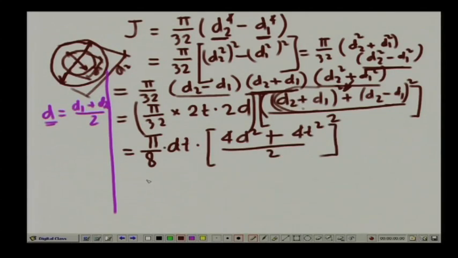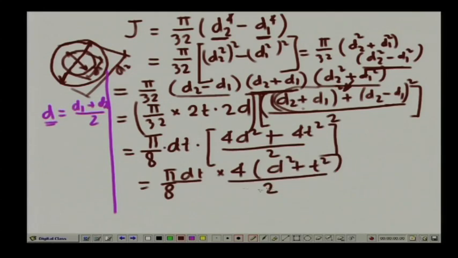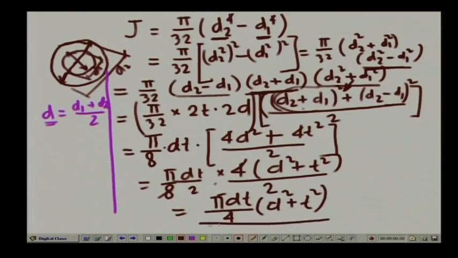So, this comes out as π by 8 times d t multiplied by (4d square plus t square) divided by 2. This gives us a value of π d t divided by 4 times (d square plus t square). In fact, this is a simplified form of the expression for J.